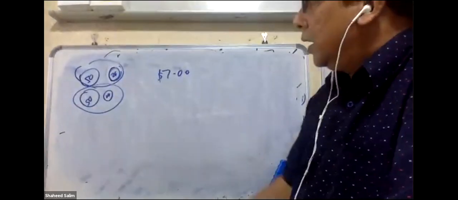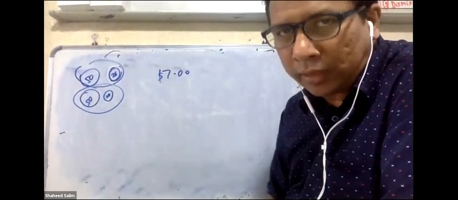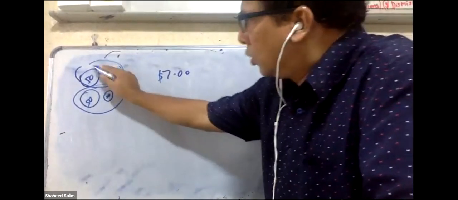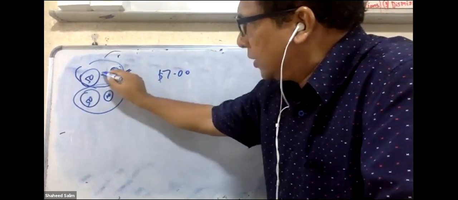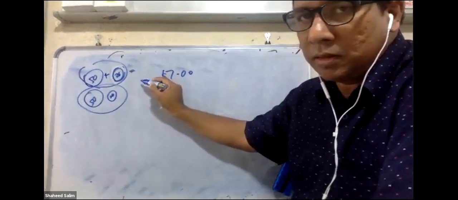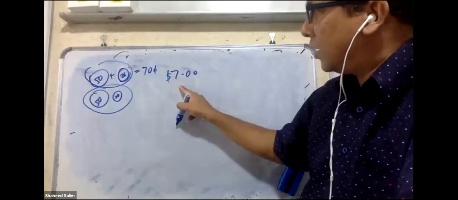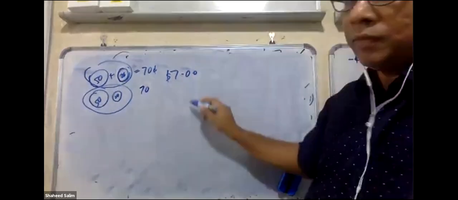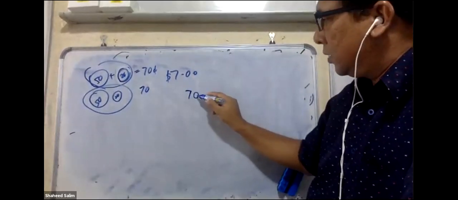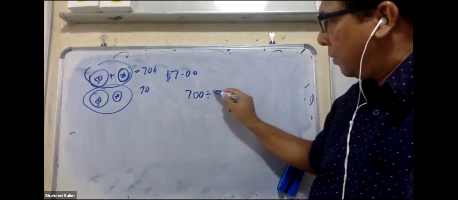So down here, I go by group. Let me explain. One group of 50 cent and 20 cents is how many cents? 70 cents. You know 70, how many sets will you get $7? You take $7, which is 700 cents, divide by 70.